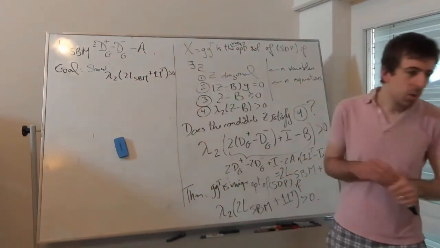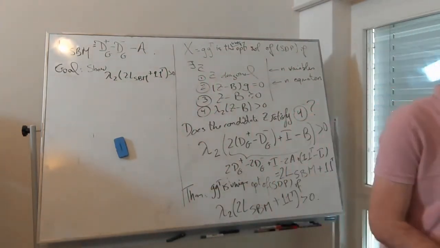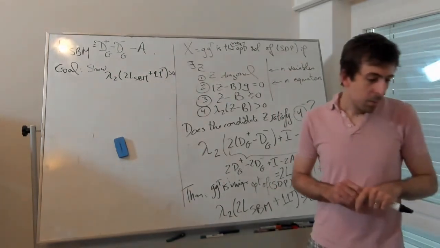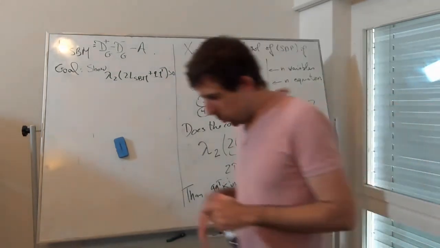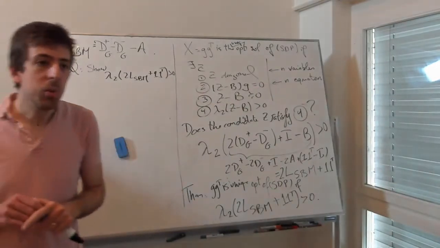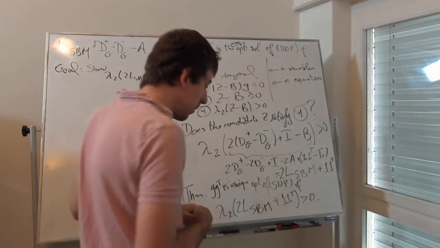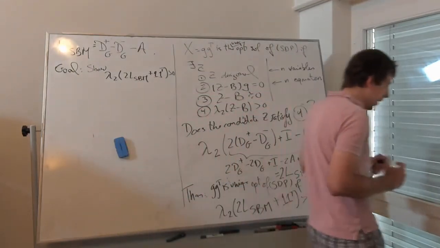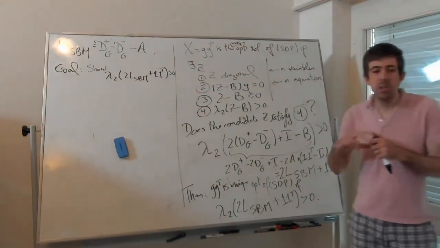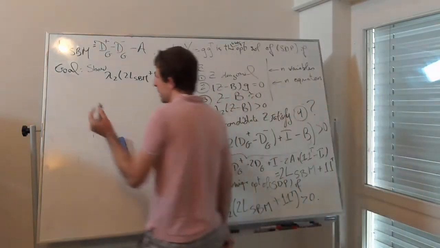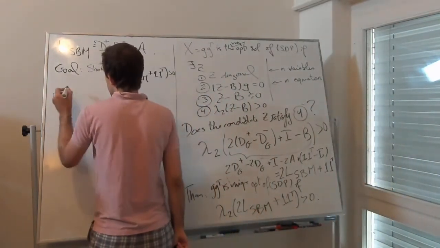So if we want to understand something about this matrix, what is the natural thing to do? We have a random matrix, we want to prove something about it. We have a random object. So the first thing we should try is to compute its expectation. We can ask ourselves, what is the expected value of this matrix?